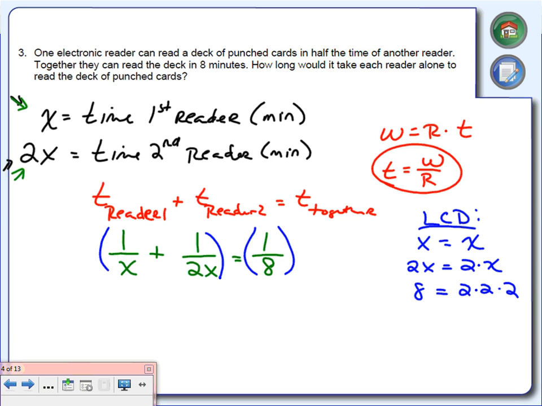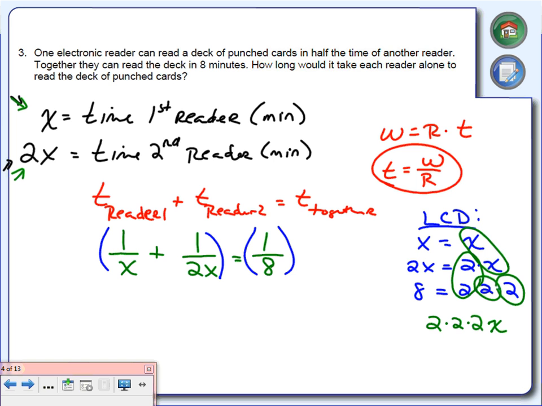All right, so here I've got all my denominators factored out. Now I'm going to look for some common factors. Right here I see some common factors, so that's going to be part of my least common denominator. This right here, they also have in common. But these two over here I haven't used, so I've got to use those as well. 2 times 2 times the x.